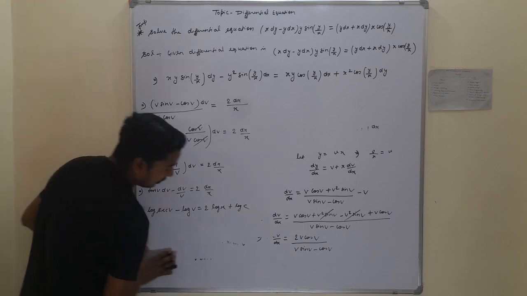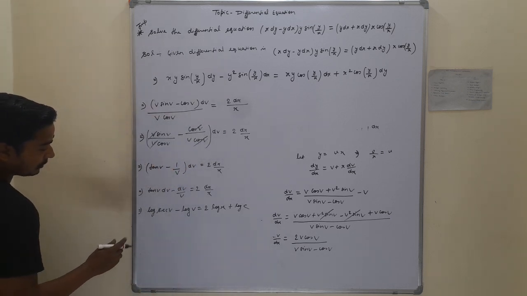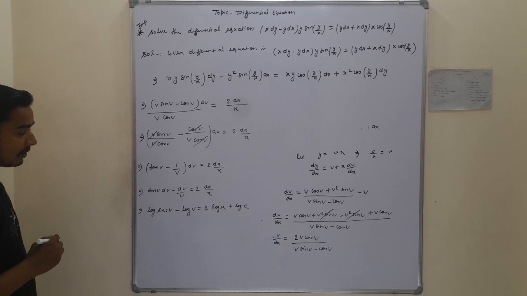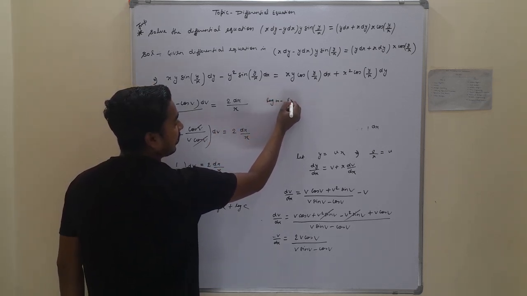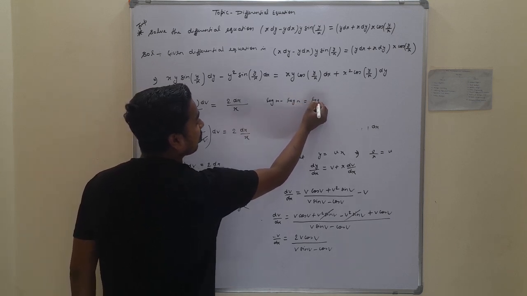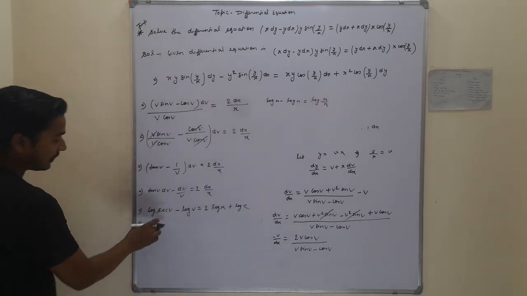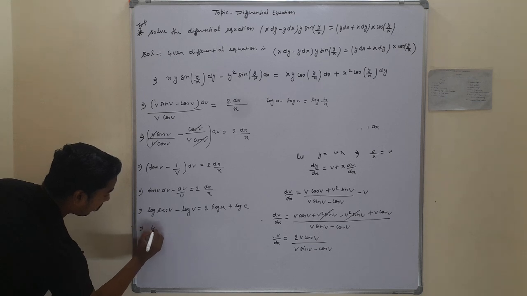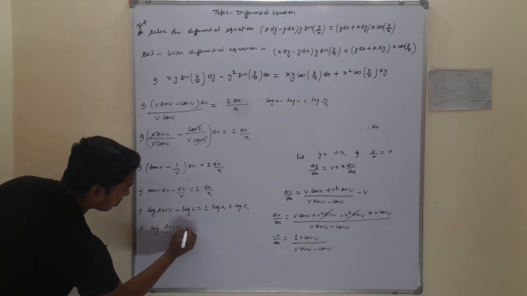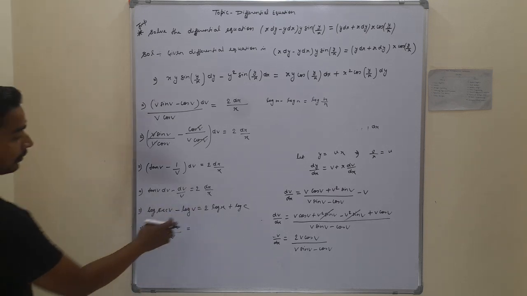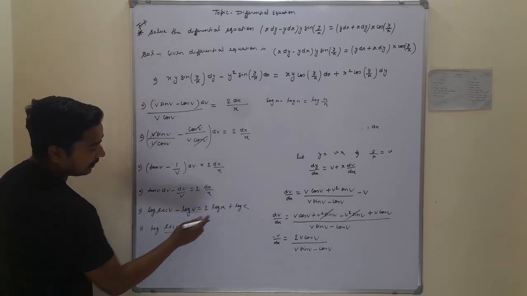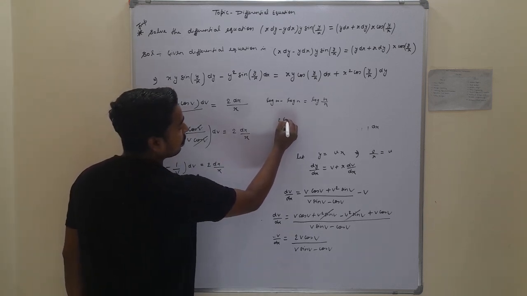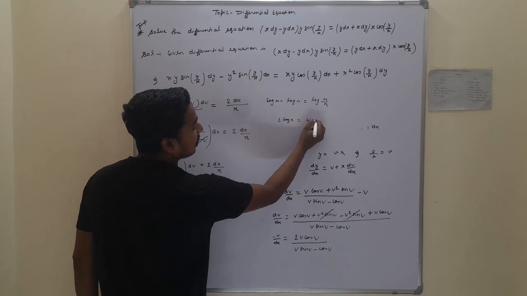And further we have to simplify. Here we can also write log m minus log n, using the property log m minus log n is written as log of m by n. So we write log of sec v upon v, and here is 2 log x. With the property of log, 2 log x is written as log of x square.